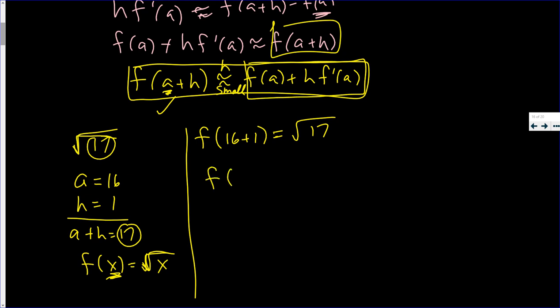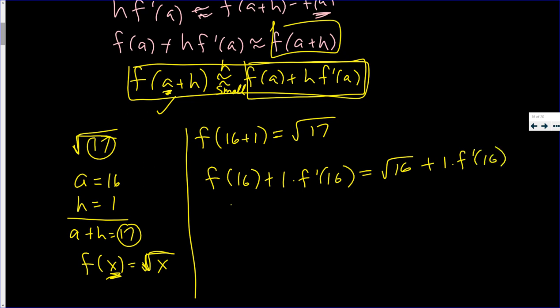So f of a plus h times f prime of a. Well, this is equal to the square root of 16, which is 4, plus 1 times f prime of 16.